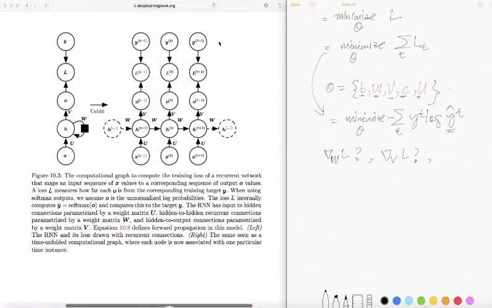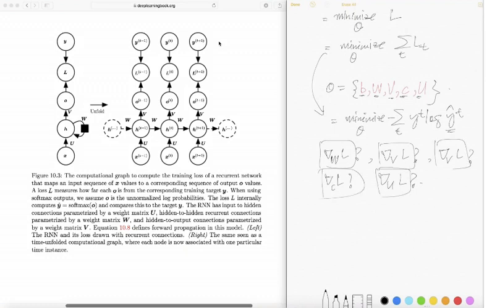When I want to do the training of the network, these are all unknown. Delta C, delta U. These are the 5 gradients that I need to know to do gradient descent, stochastic gradient descent, to train this network.